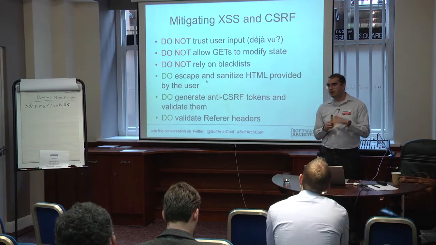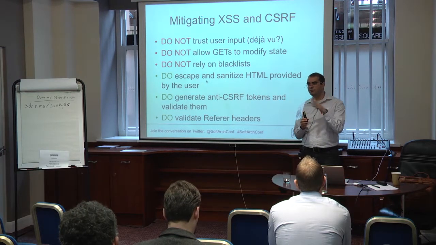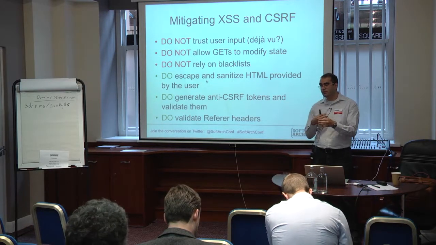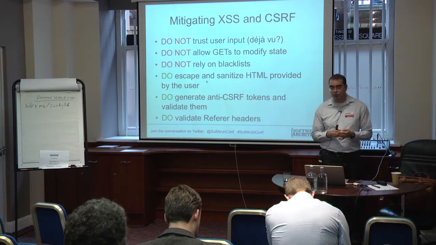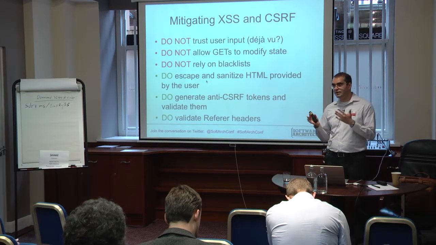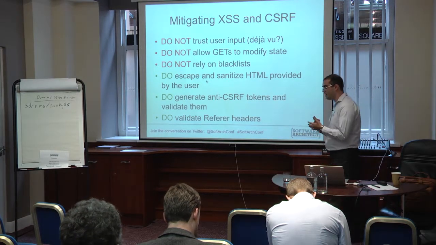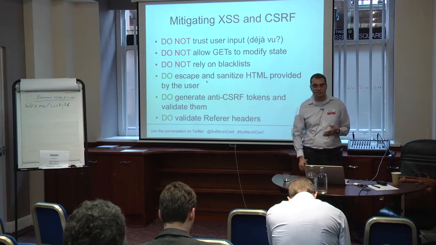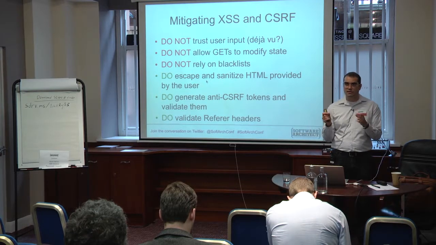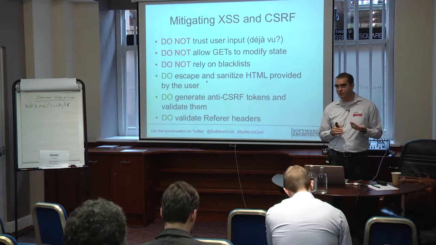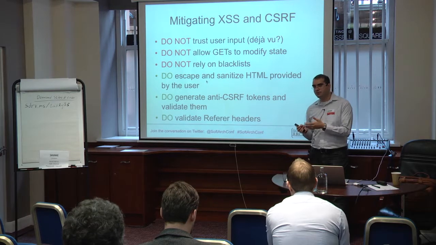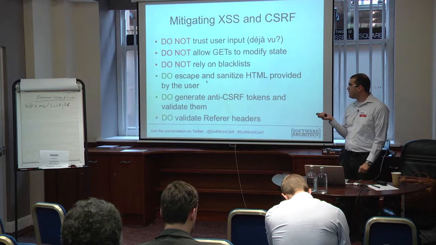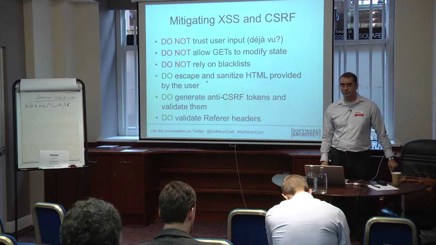The URL would not just be delete profile confirmed true, but it would require another additional special value that the server generates occasionally. And so it would be harder for the attacker to guess what that exact value has to be. And when issuing phishing attacks, sending massive emails, massive tweets, Facebook posts, and so on with the malicious link, that link would only work for a short period of time or only a small subset of users who have that specific anti-CSRF token. So this is another thing that most frameworks today just have out of the box. You just have to use them.